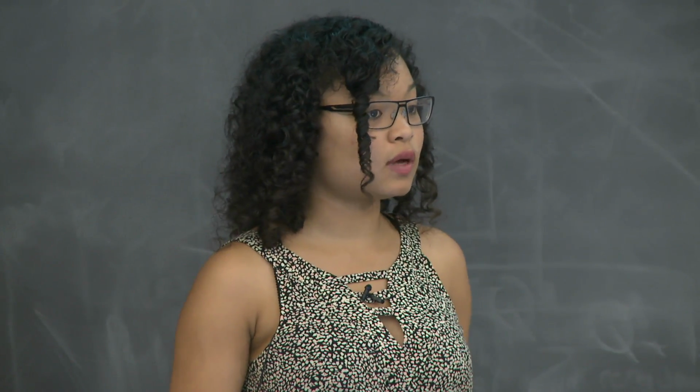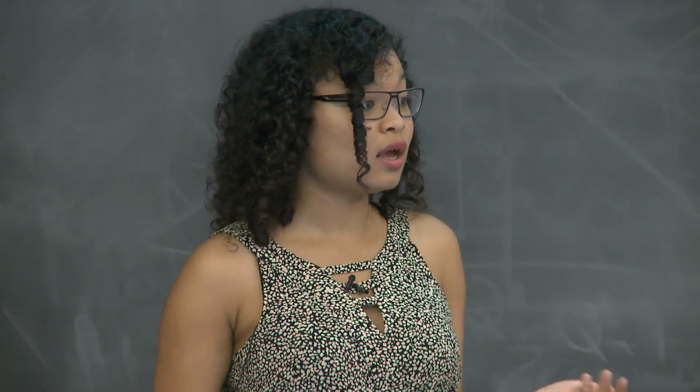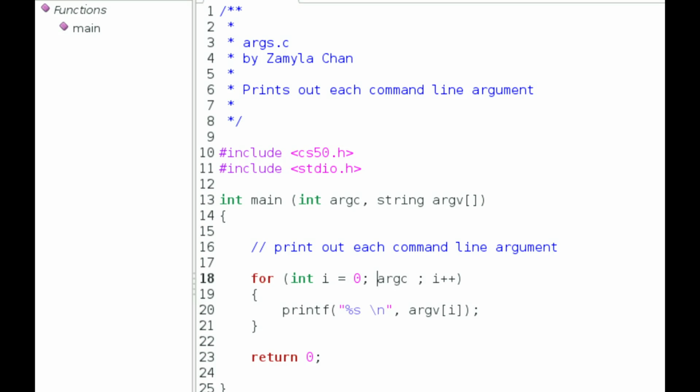We don't want to exceed the length of the array, and we already know we don't need to actively find out what the length of argv is because it's given to us, and what's that? argc, exactly. So we want to do this process argc number of times.